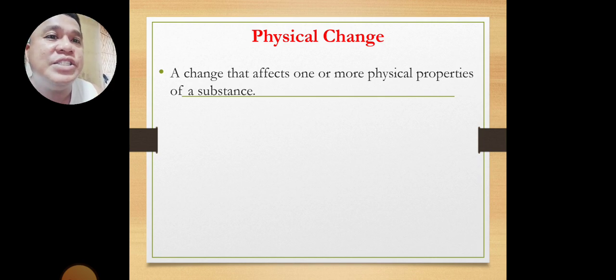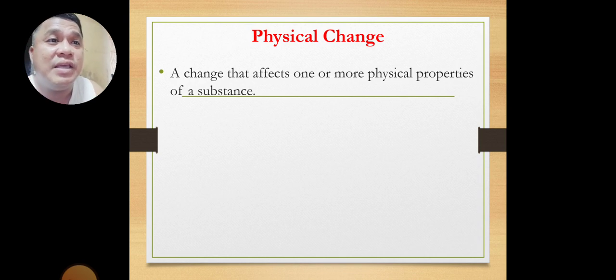Well, physical change, let's go back to that one. So those are the chemical property and physical property. When it comes to their changes, it is the state of their condition from one particular state of matter, from solid, liquid to gas. For the physical change, it is a change that affects one or more physical properties of a substance.